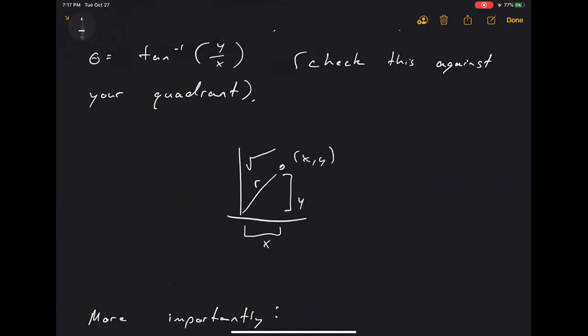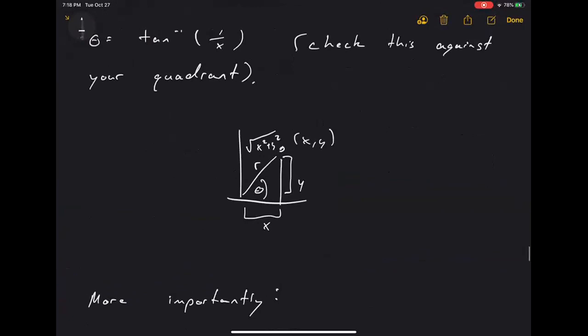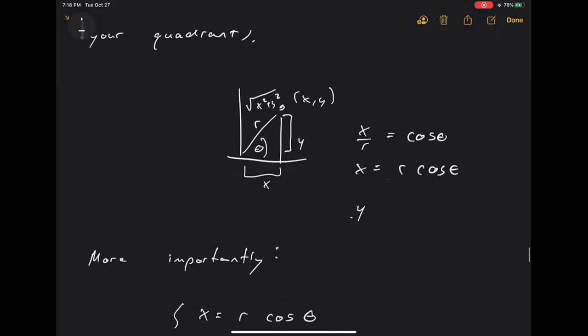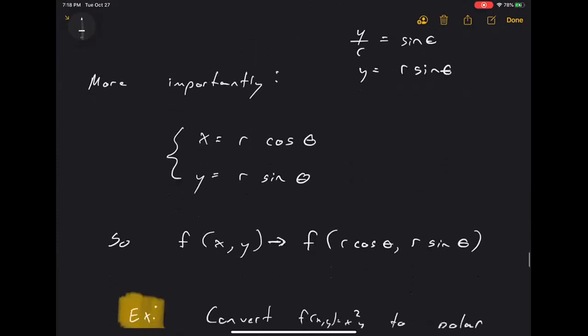So my r, by Pythagorean theorem, is the square root of x squared plus y squared. And then once I have this triangle, I know the cosine of this angle. The cosine of that angle is x over r, right? So then x equals r cosine theta. And then sine is y over r. So y equals r sine theta. So that's a quick rough explanation of why that works.